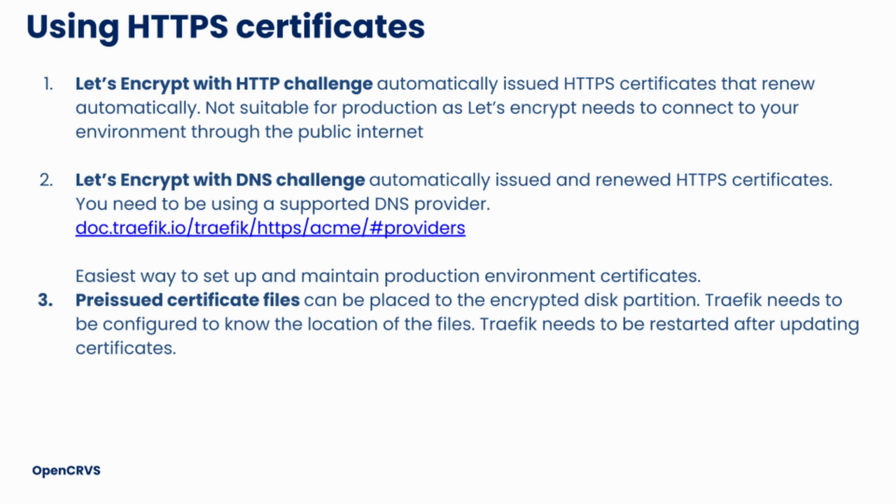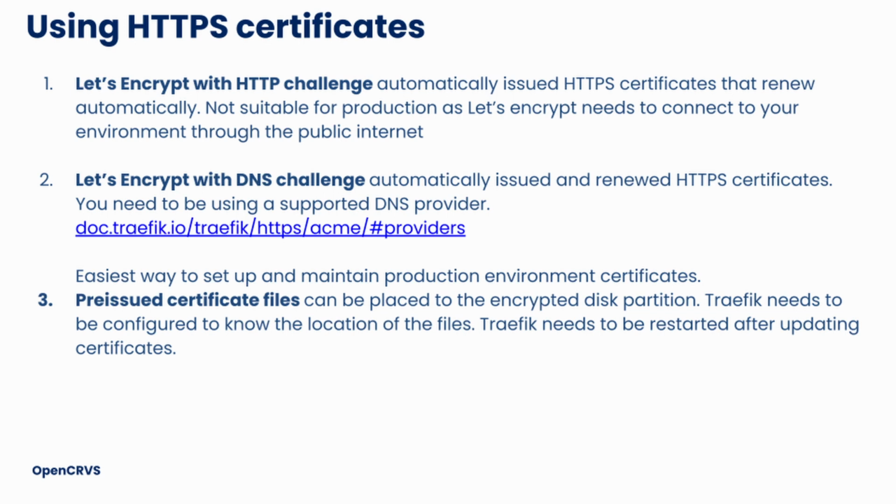Option number 3 is using a pre-issued TLS certificate. In many cases, governments already have TLS certificates that are used in all software that is deployed. This third option involves using TLS certificates that have already been issued and are stored as certificate files.